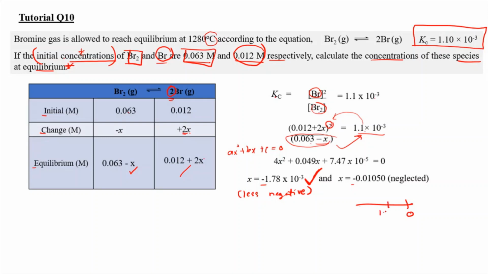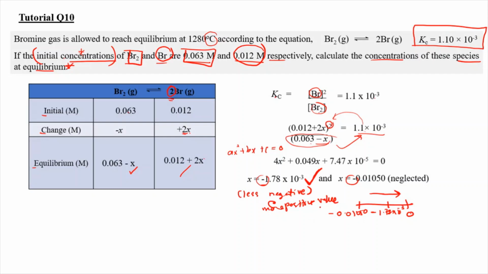Negative 1.78 times 10 to the power of negative 3 is less negative compared to negative 0.0105. So we need to take the value that's closest to 0, so more positive is better. In this case, we got two negative values, so we need to take the less negative, or we can say the more positive value.